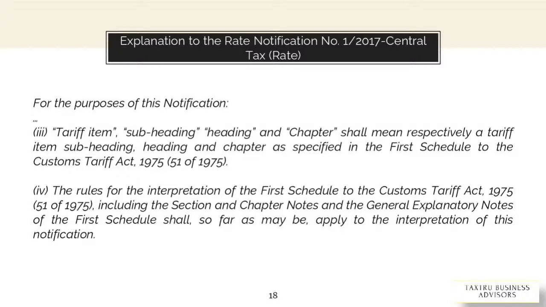So they have said that all these tariff items and subheadings which you are reading in this notification are inspired from the Customs Tariff Act. Whenever you have any confusion, you can refer to it. If you see the tariff of GST and the tariff of customs, you will find that most of the headings and chapters are different, though similar in nature.